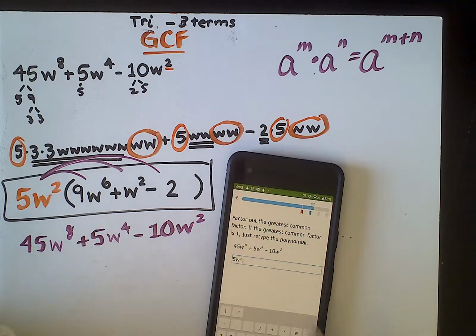W to the 6th power plus W squared minus 2. Okay, so 5W squared, 9W to the 6th, W squared minus 2. All right, looks good to me.